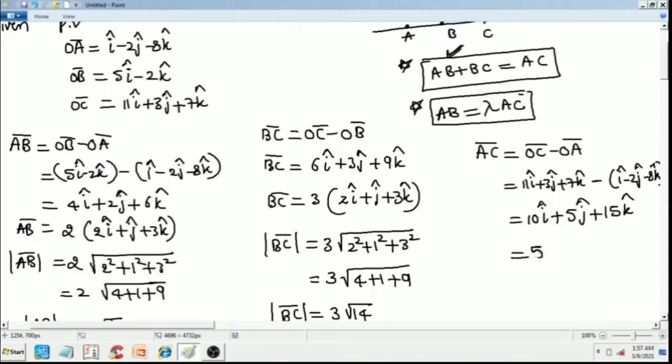So take 5 common, then it comes out to be 5 times (2i plus j plus 3k), where 5 times 2 is 10, 5 times 1 is 5, 5 times 3 is 15. So this is AC bar.